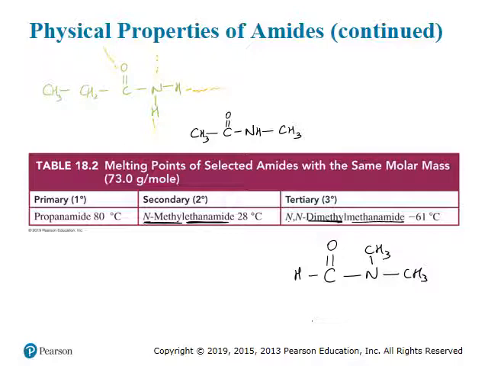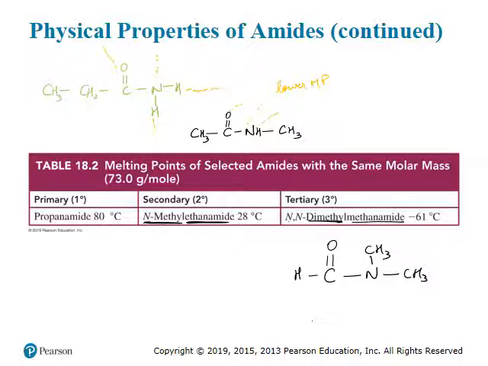So one molecule here is involved with 1, 2, 3, 4 hydrogen bonds with another molecule, right? Whereas when this oxygen can form hydrogen bond, this nitrogen can form hydrogen bond, this hydrogen can form hydrogen bonds, it is involved in only 3 hydrogen bonds. So less hydrogen bonding means lower melting point.